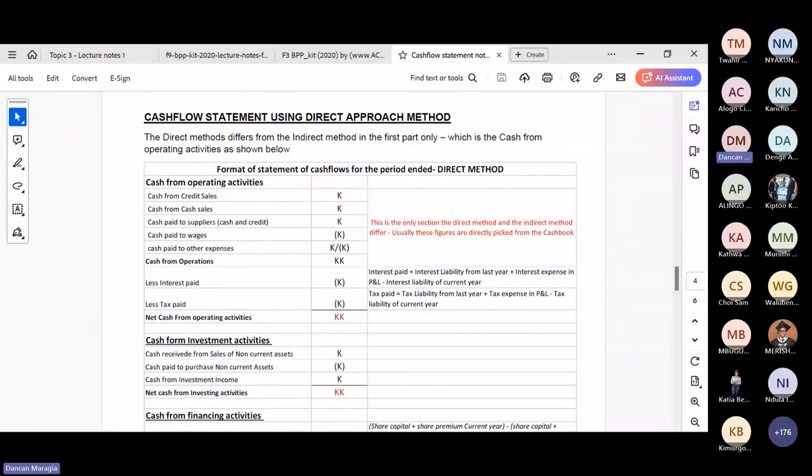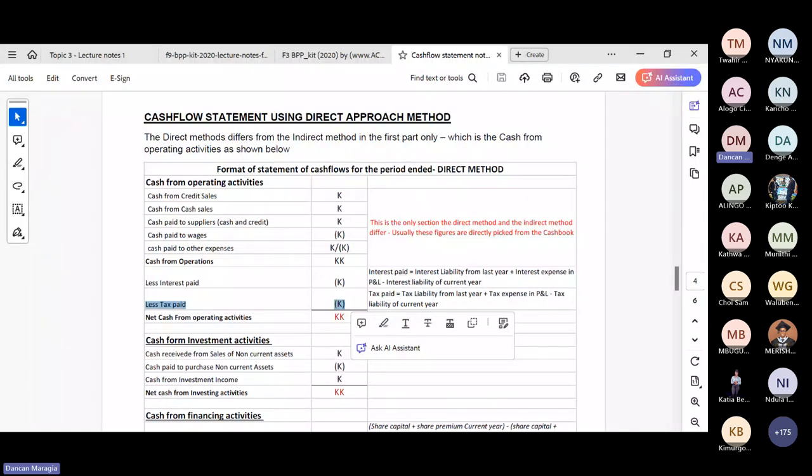Cash paid for wages, cash paid for other expenses like rent, all that. Then you get what we call cash from operations, less any interest paid, if there is any, and less tax paid. Then you get net cash from operating activities.